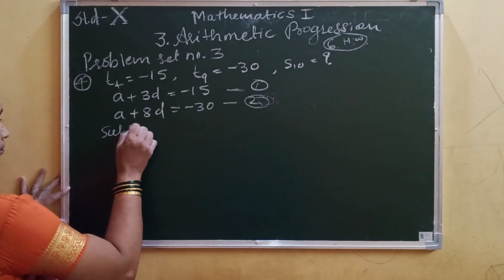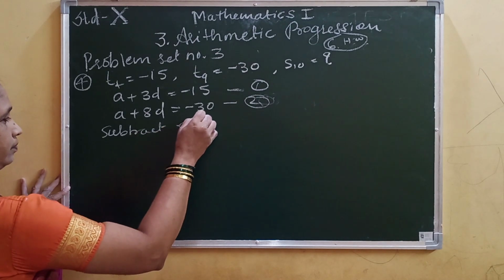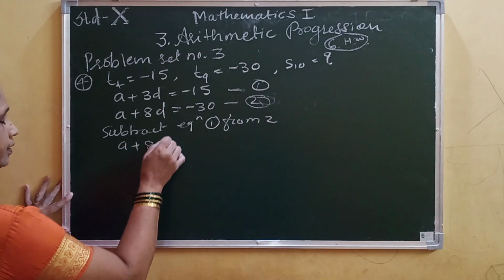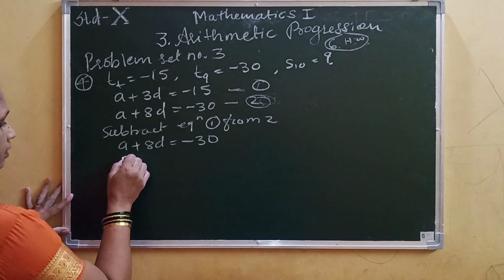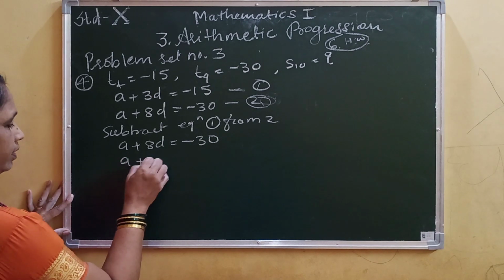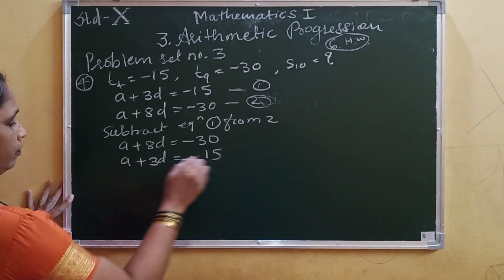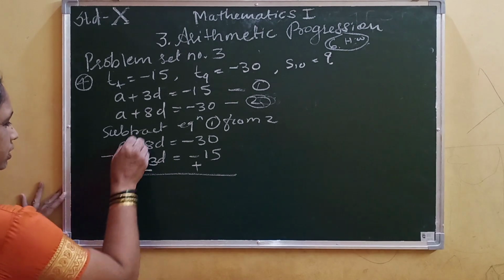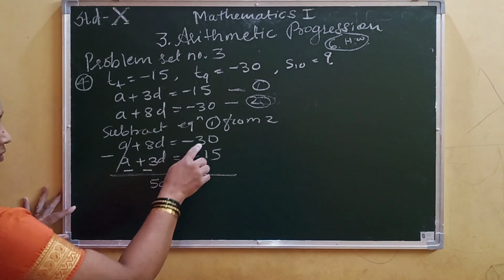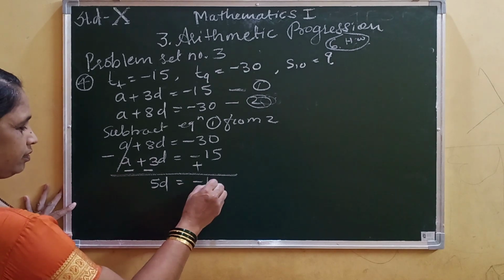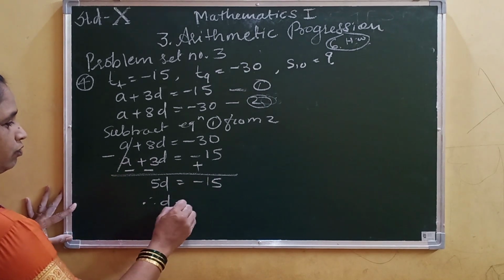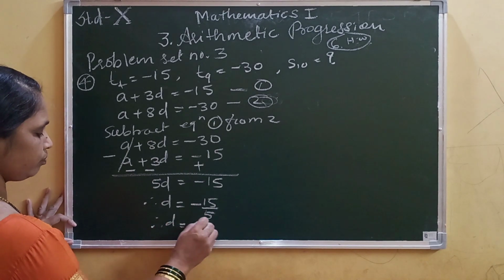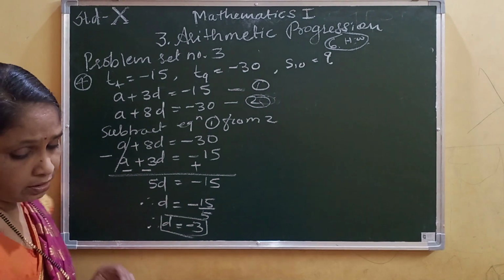So A plus 8D is equal to minus 30, A plus 3D is equal to minus 15. So this is 0, this is 5D, this is minus 15. Therefore D is equal to minus 15 upon 5. Therefore D is equal to minus 3.